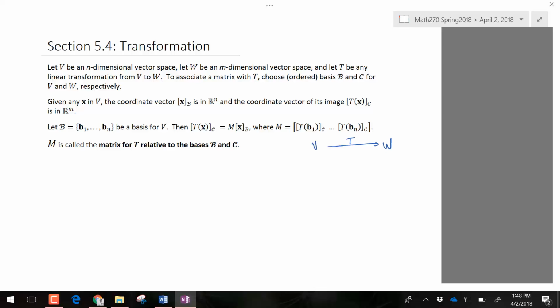What they're saying is that if you have a vector X in V, then the coordinate vector X sub B is going to be in Rn. So V is in Rn, and we transform this into a different vector in Rn.